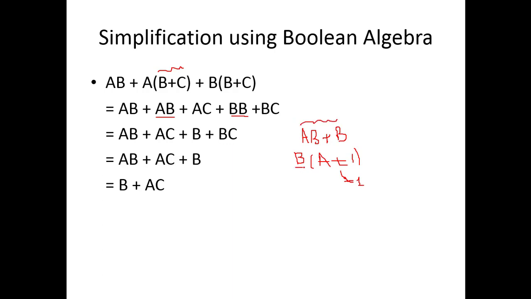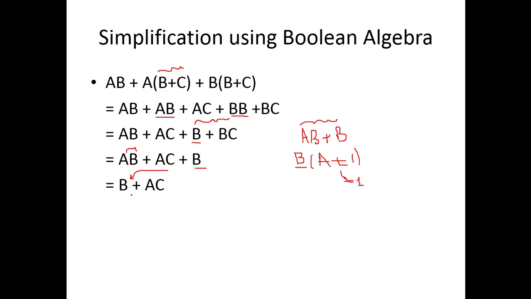Again, if we take b common from these two terms, we obtain b, and finally if we take b common from a, b and b, it reduces to b. So the final simplified form of this expression is b plus ac.